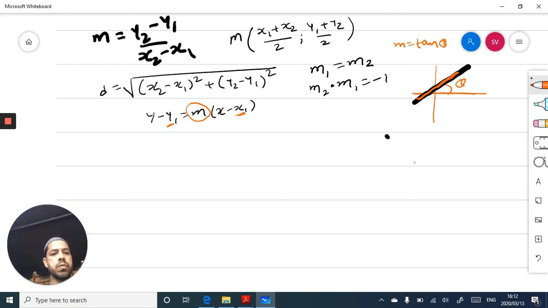That's the theta I get if I use the formula m equals tan theta. Further, I can simplify this: theta equals tan inverse of my gradient. If I know the gradient, I can get the angle with the x-axis. That's the basic information you need before you start an analytical geometry question. In fact, in grade 12, all those formulas will be given to you, so no need to stress.